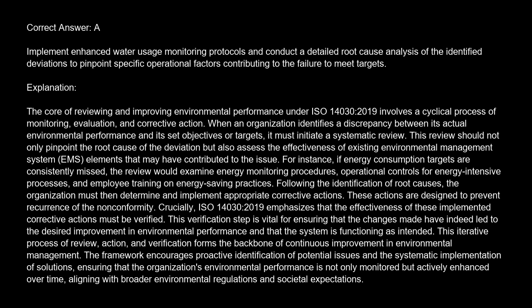This iterative process of review, action, and verification forms the backbone of continuous improvement in environmental management. The framework encourages proactive identification of potential issues and the systematic implementation of solutions, ensuring that the organization's environmental performance is not only monitored but actively enhanced over time, aligning with broader environmental regulations and societal expectations.